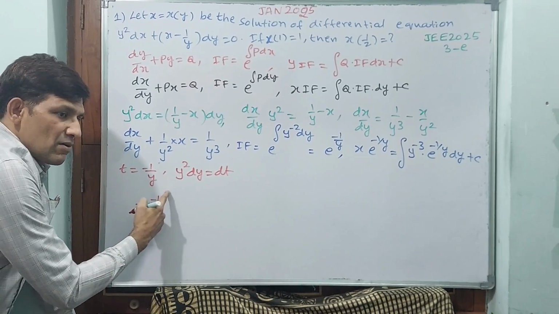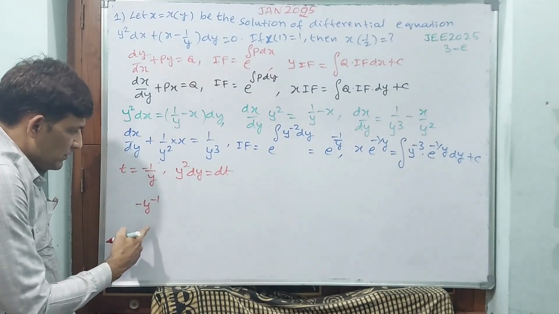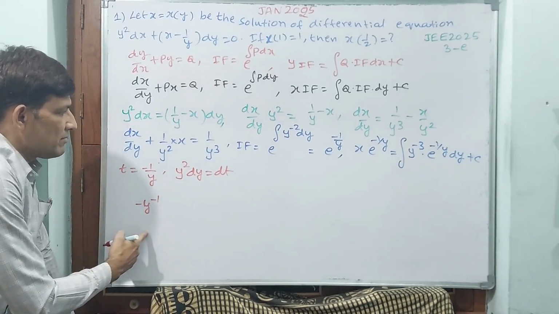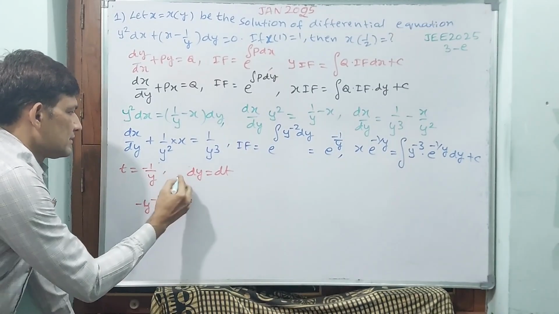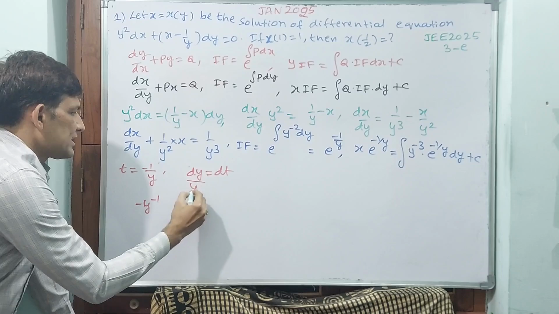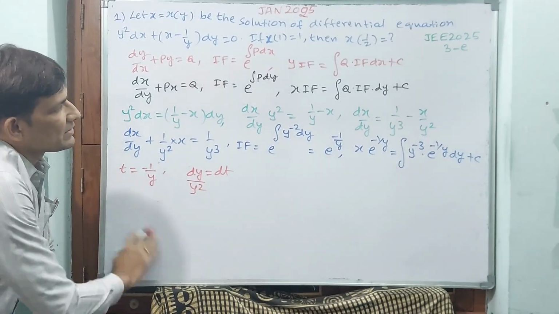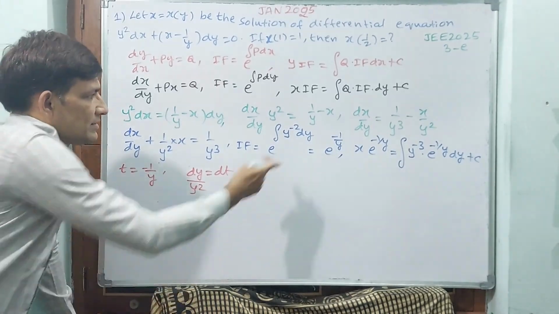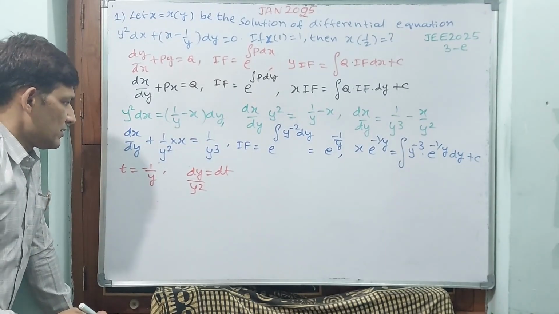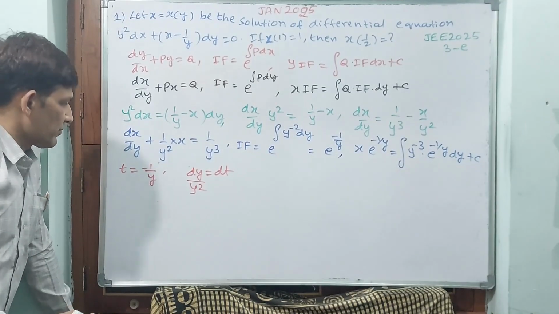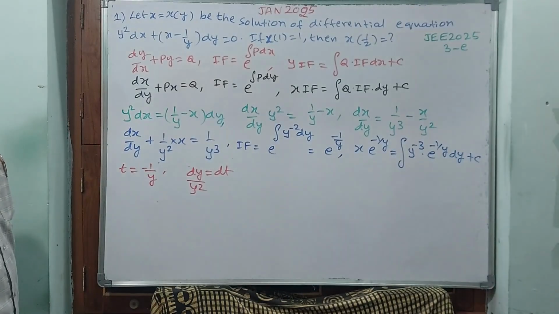This is plus, minus of minus plus 2. Minus 2 going to become denominator, 1 by y square. Dy by y square. Dy by y square is equal to dt.